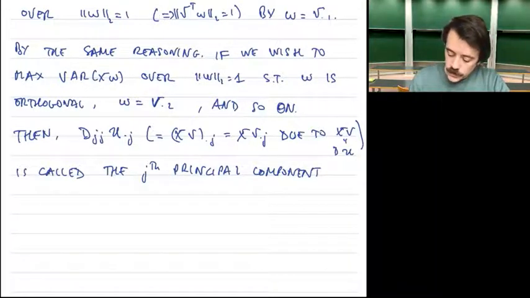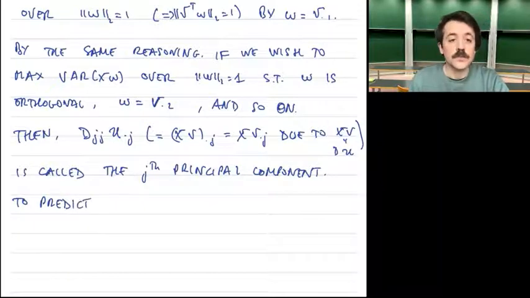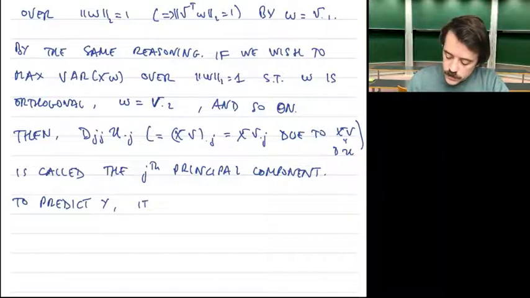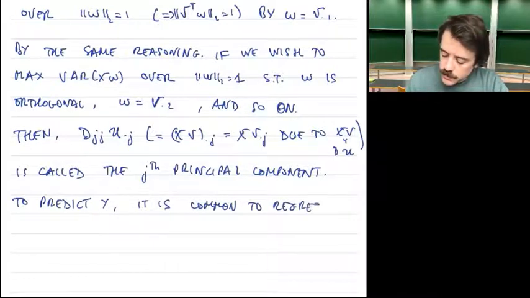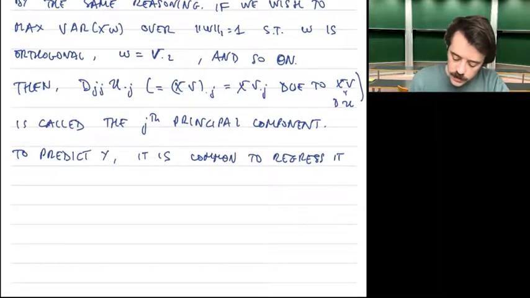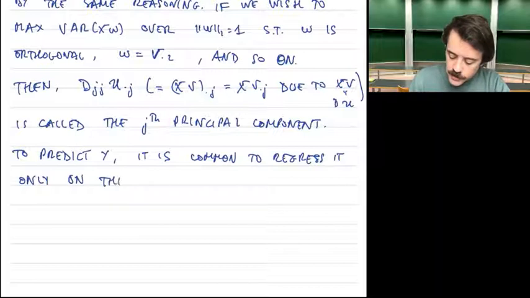Okay, so to predict y, it is common to regress it only on the first j principal components, normalized.